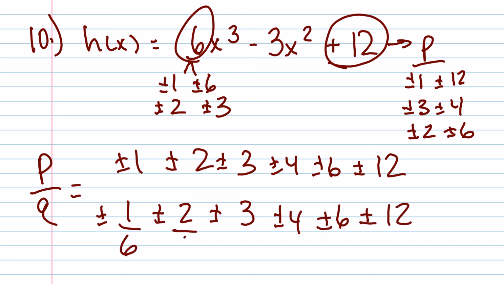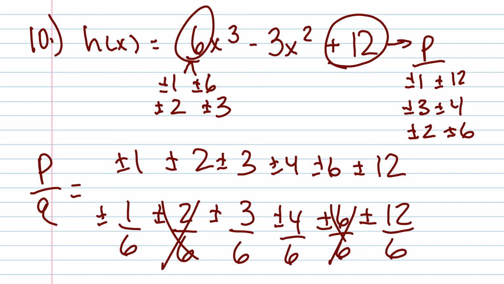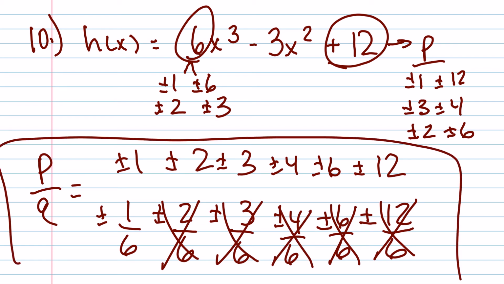Put them all over 6. And now I'm going to cross off the repeats. 2 sixths, 6 over 6, 12 over 6, 3 over 6 can be simplified, 4 over 6 can be simplified. So that's my final answer. That's it for 10.